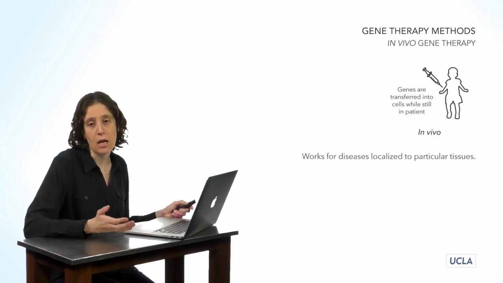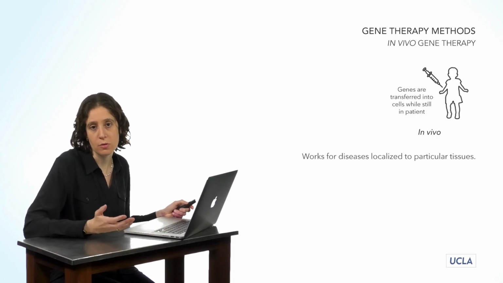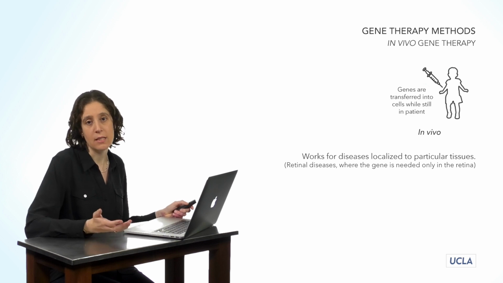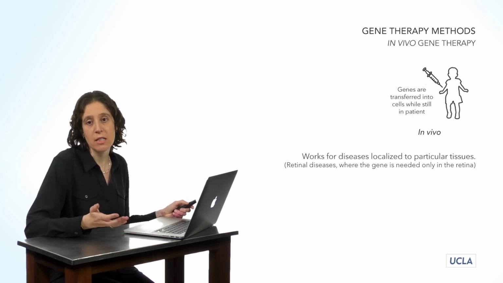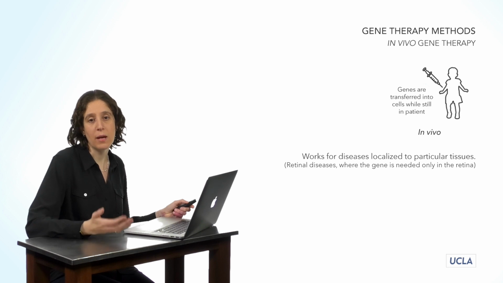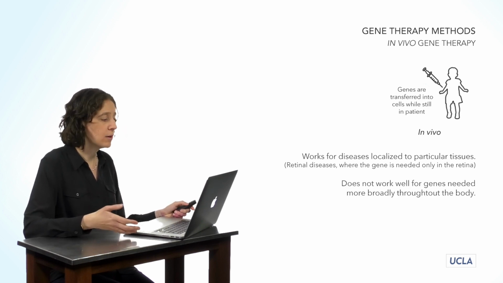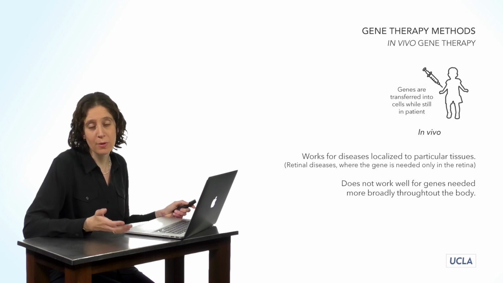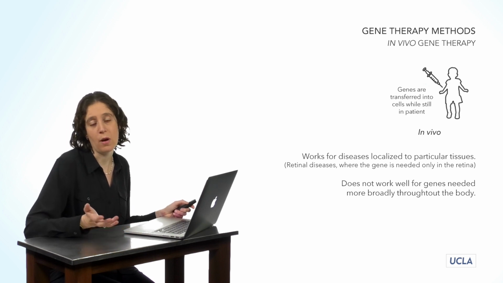In vivo gene therapy works well for diseases that are localized to particular tissues. So an example is retinal diseases, where the gene is needed only in the retina. For retinal diseases, you can inject the gene directly into retinal cells. However, in vivo gene therapy is not going to work well for genes that are needed more broadly throughout the body.